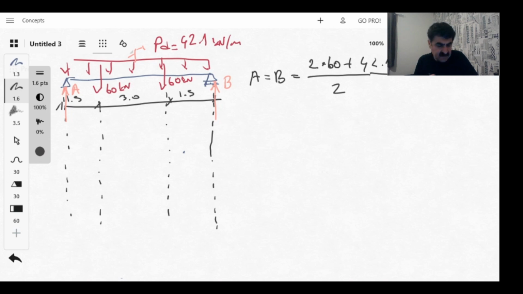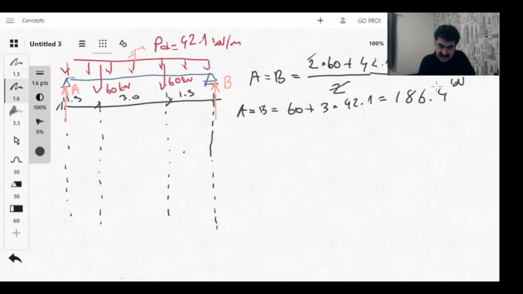So if we calculate it, A equals B, and if we simplify, the 2 cancels, this will be 3, and then 60 plus 3 multiplied by 42.1. This will be equal to 186.4 kilonewton. So this is the support force in support A and support B.